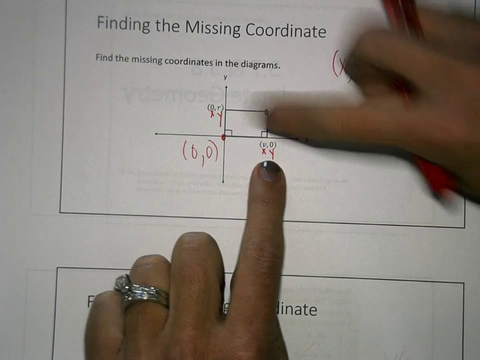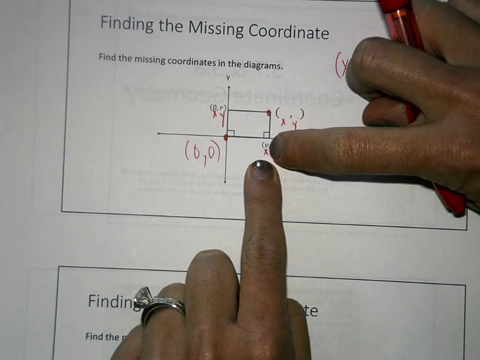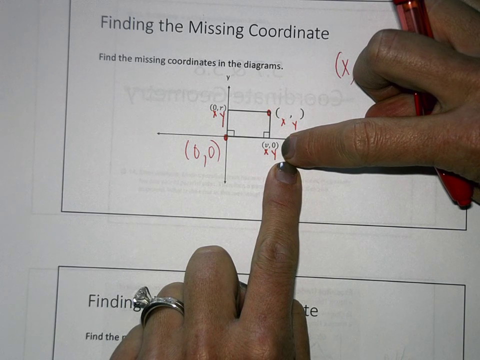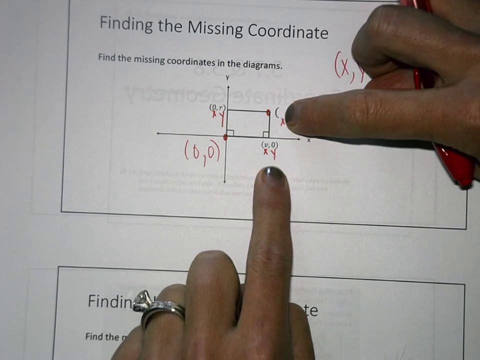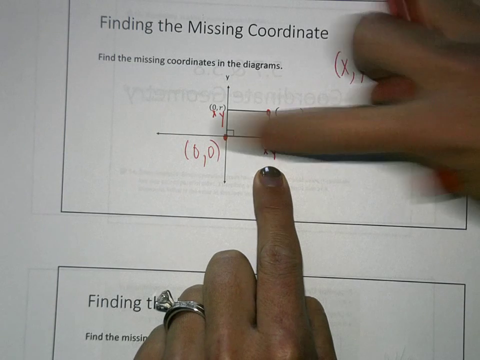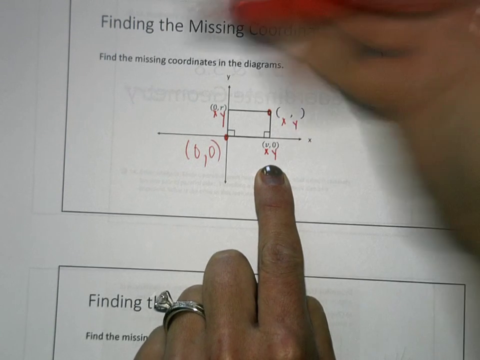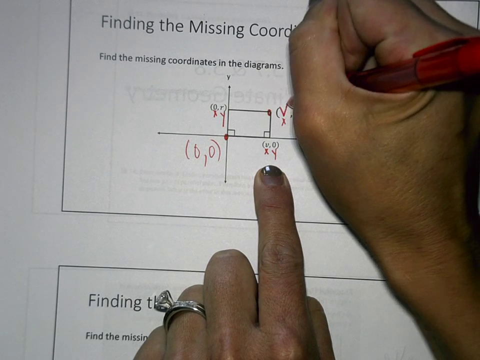It's v. So do you see how this point right here, the x value is v and the y value is 0? And so that means that they're going to have the same x value because it's going over the same distance. So the x value of this coordinate is v.